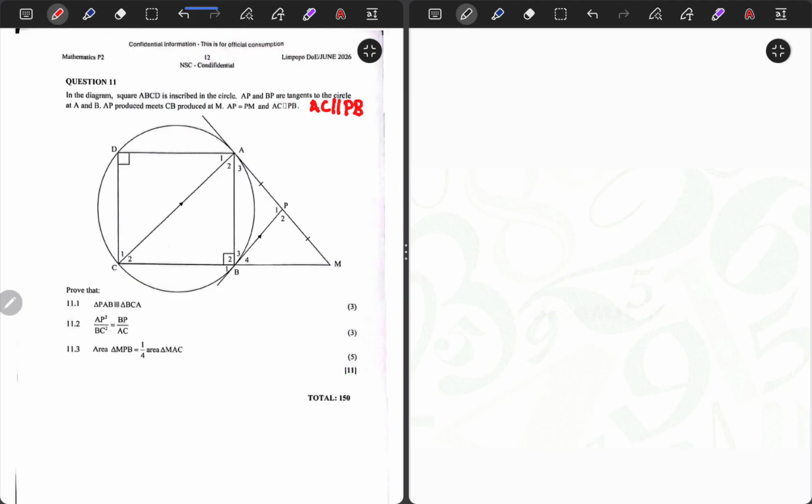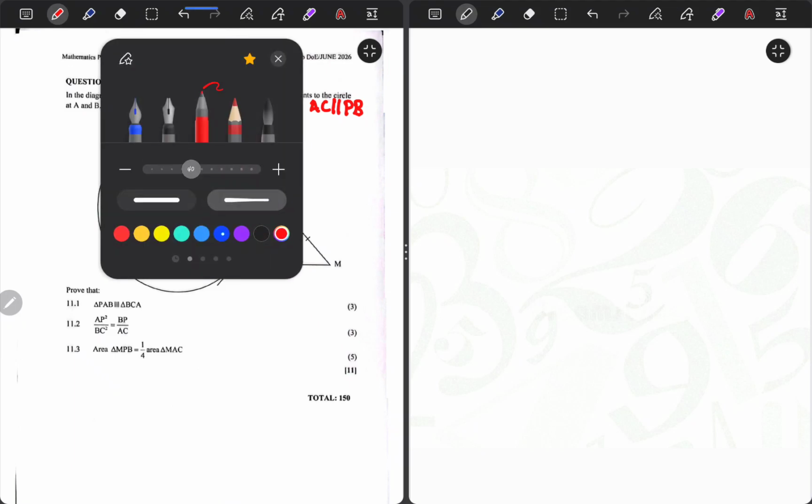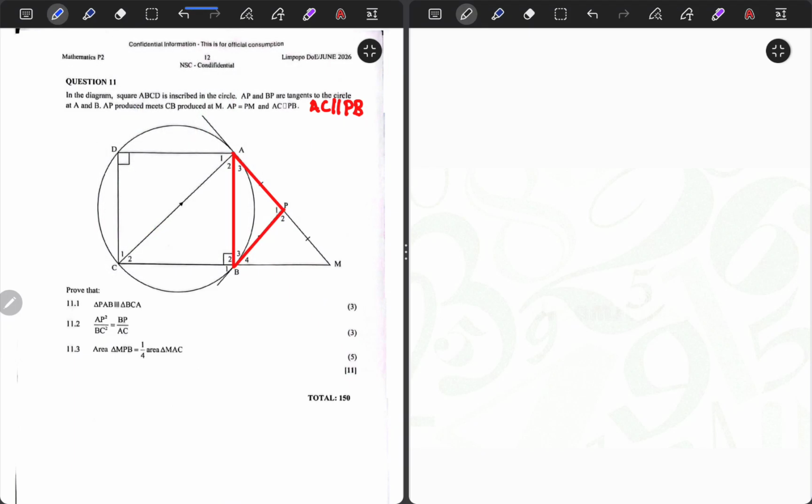The first question is the easiest one, of course. They want us to prove that triangle PAB is similar to triangle BCA.